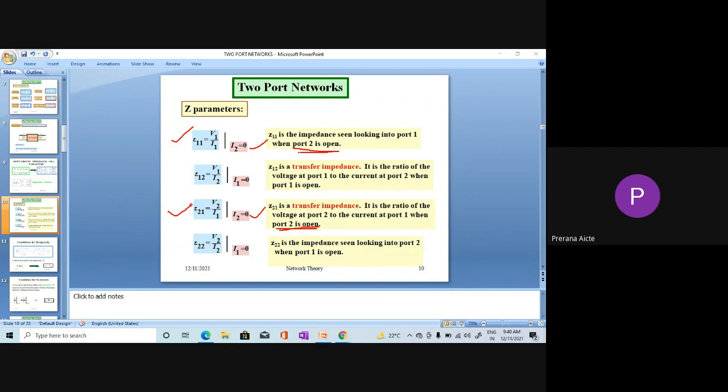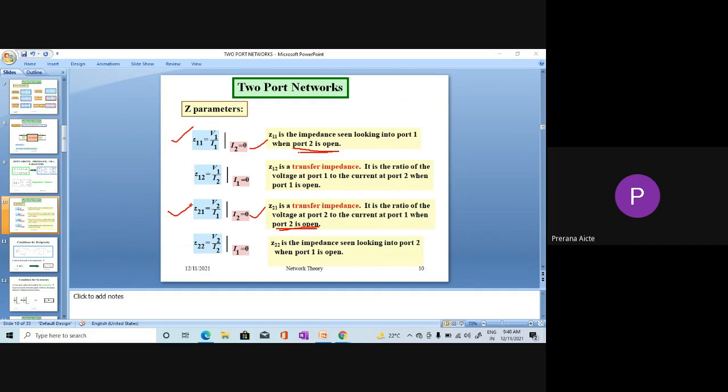These are the two Z parameters you will find when you open port 2. So that is clear. We have four parameters, so two parameters are now determined.